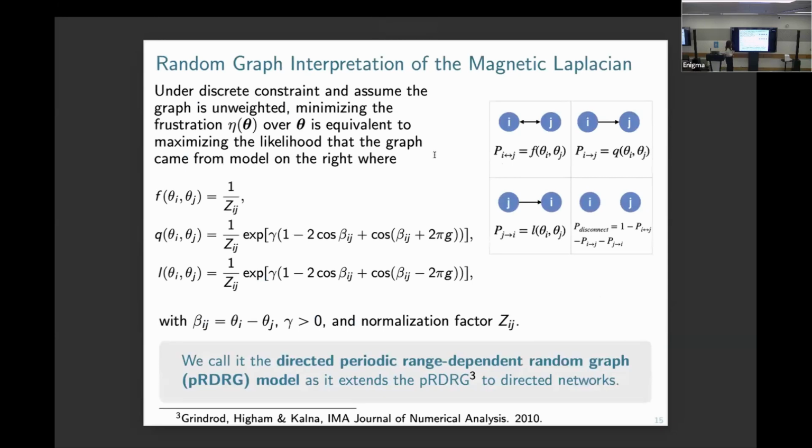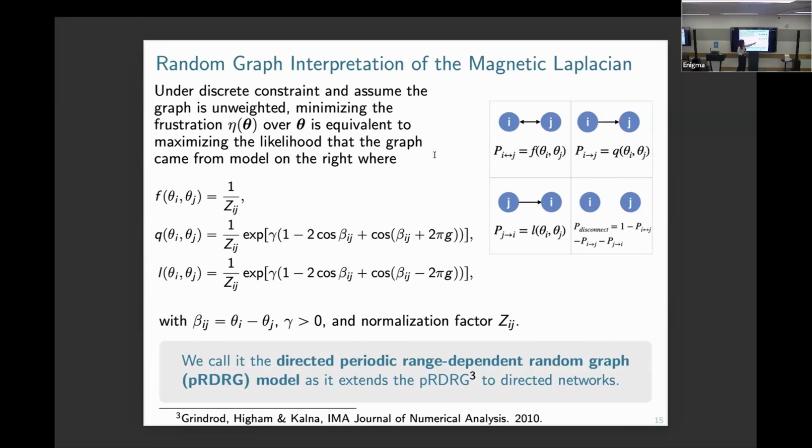Okay, right. So we want to find a random graph model that's associated with the Laplacian. The tricky part for the magnetic Laplacian is that the offset delta term depends on the edge direction. So we need to think about a random graph model that could consider different types of edge direction. Now we consider this type of model where there are 4 scenarios that are generated independently with different probabilities.